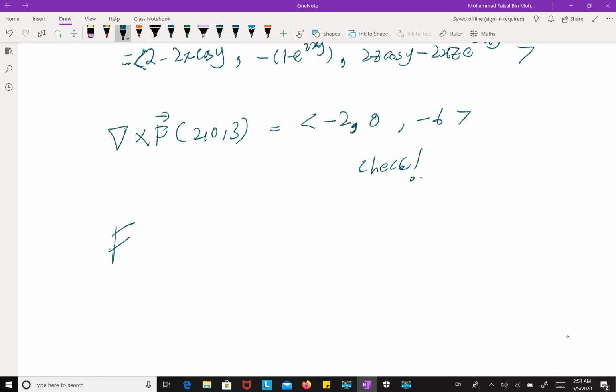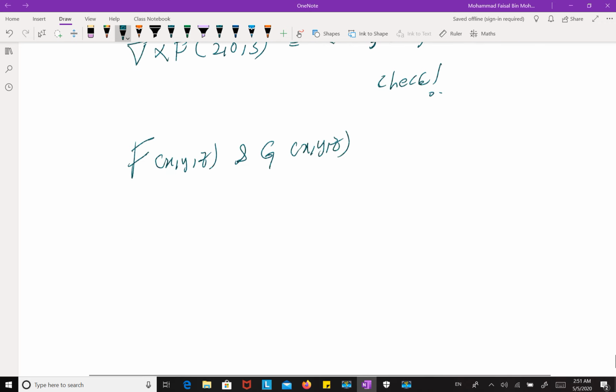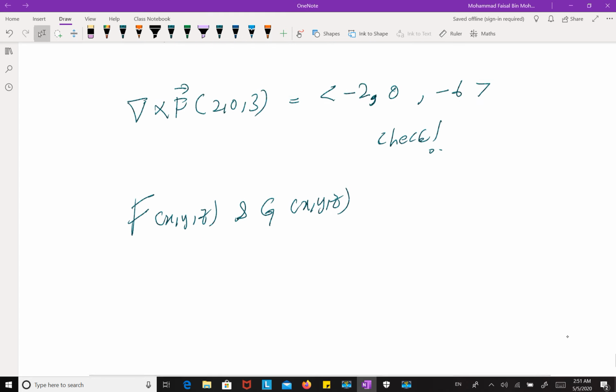If f and g are differentiable scalar functions, and vector F and vector G are differentiable vector functions, then the following properties hold.